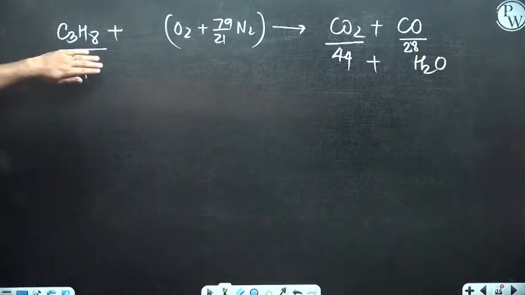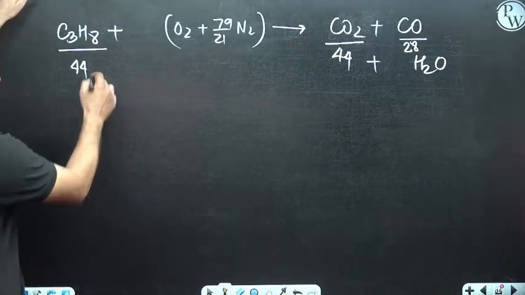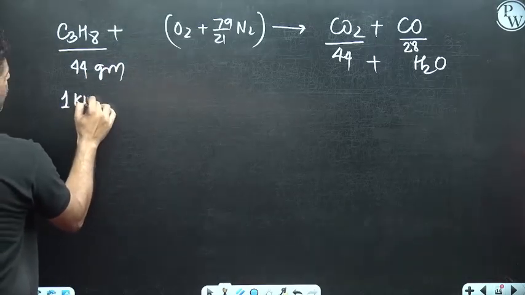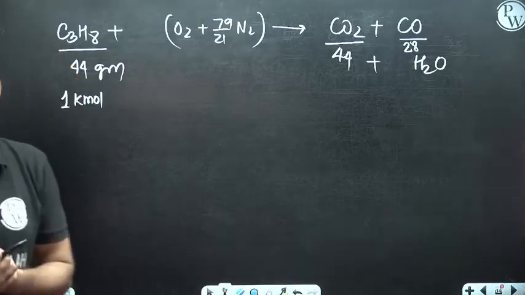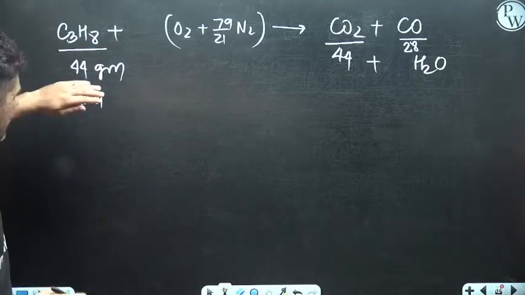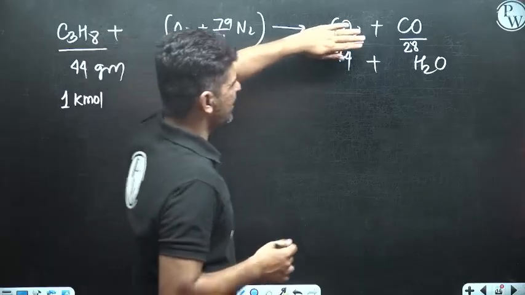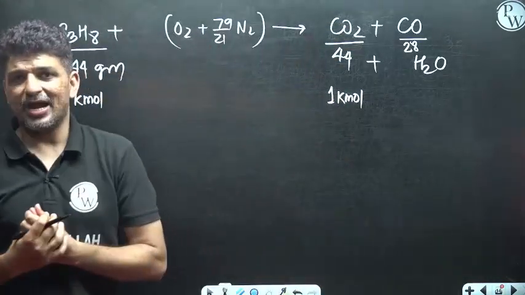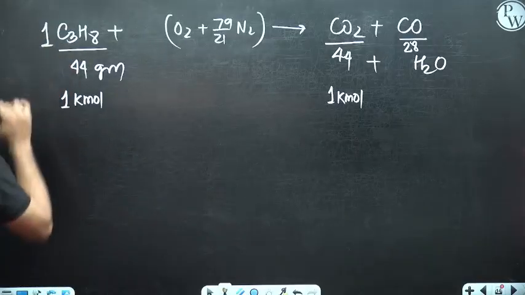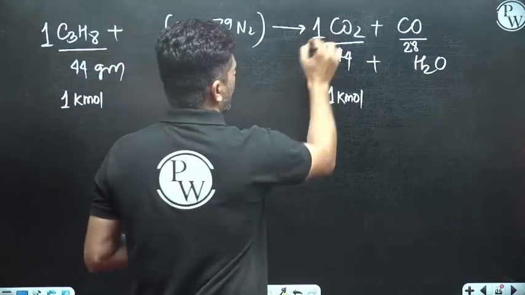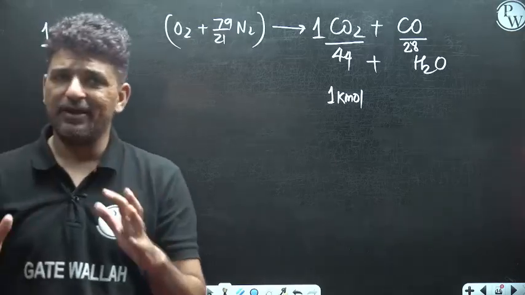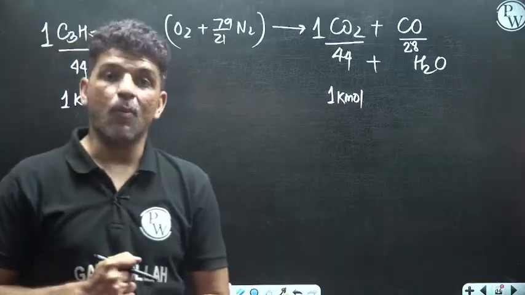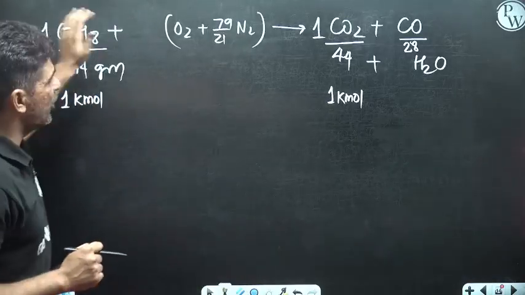Okay, so now it says 44 kg, that means the molecular mass is 44 gram, so there should be 1 kilomole of C3H8 that is burnt. When one kilomole is burnt, there is 1 kilomole of CO2 produced. So whatever we are taking, we are going to balance this equation in terms of kilomoles. So we have 1 kilomole here, 1 kilomole here.